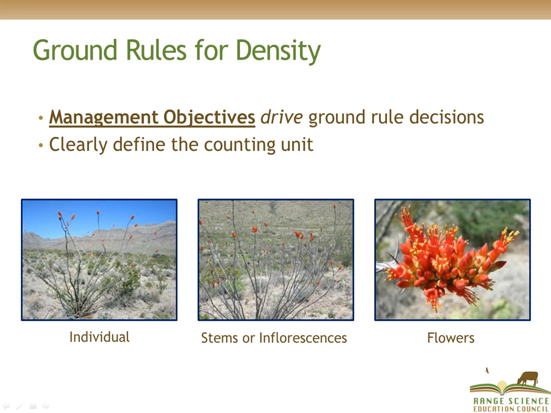This can include an individual if we were, for example, interested in a population level type study, or we may be interested in different plant parts, such as the number of stems, or the number of inflorescences, or even the number of flowers. It all depends on the reason why we are collecting the data.